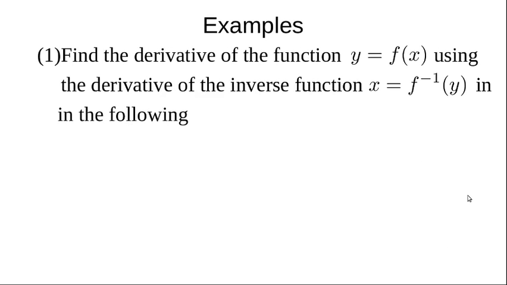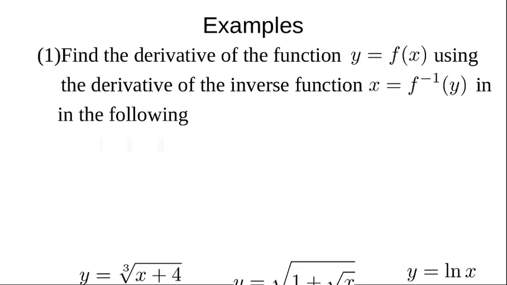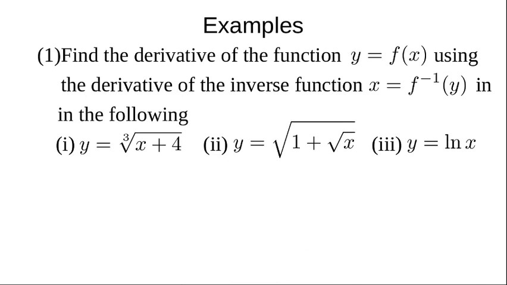Let us consider some examples based on the concept we have learnt so far. Find the derivative of the function y = f(x) using the derivative of the inverse function x = f inverse of y in the following examples. We are given 3 examples here, which are y in terms of x.